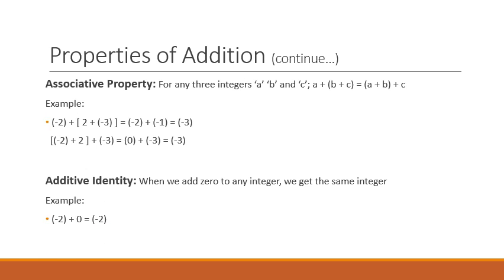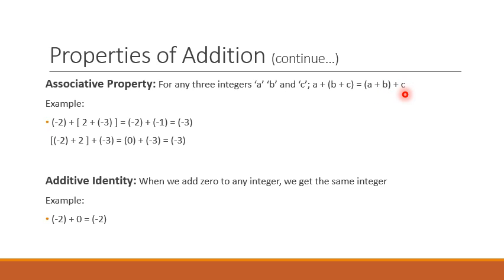I will further continue with the properties of addition. The third property of addition is the associative property. It says if there are three integers a, b and c, then a added to the sum of b plus c will be equal to the sum of a plus b added to c.